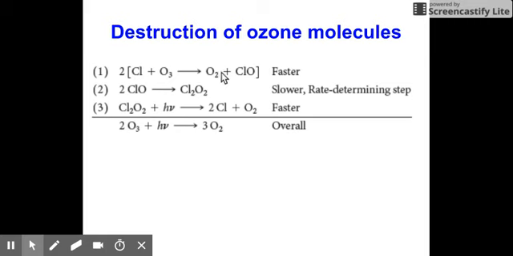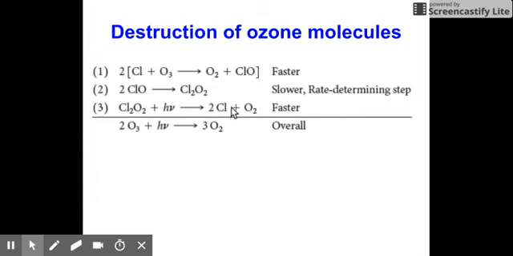This occurs very fast. And what happens after that? Your ClO will again bond with other oxygen molecules, and then it's going to form your Cl₂O₂. And your Cl₂O₂, with the presence of light again, will trigger the formation of another monoatomic chlorine and another diatomic oxygen molecule.